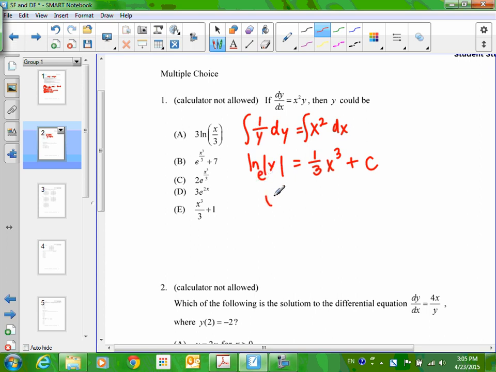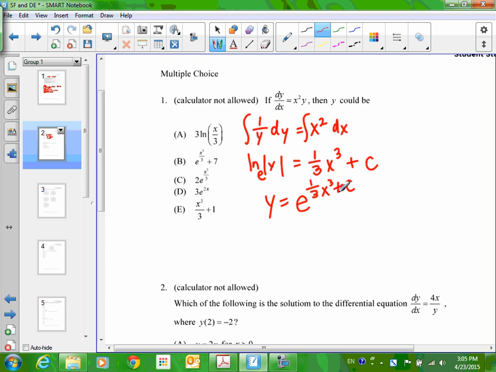We need to rewrite it as an exponential because this is log base e, and so we need to say that y is equal to e to the whole other side. Right now, the plus c is in the exponent. You might be tempted to pick b, but it's not b. B has the number out to the side, not in the exponent.